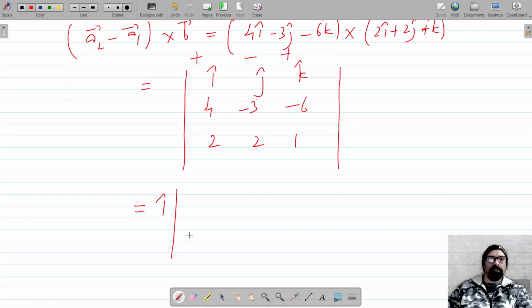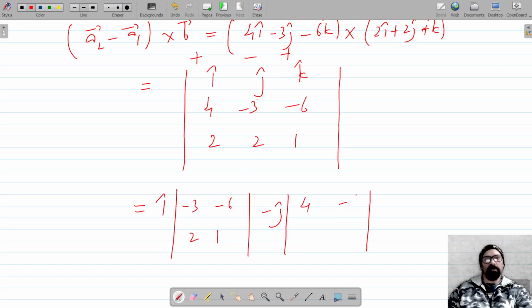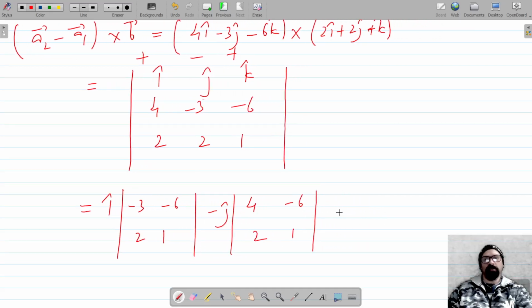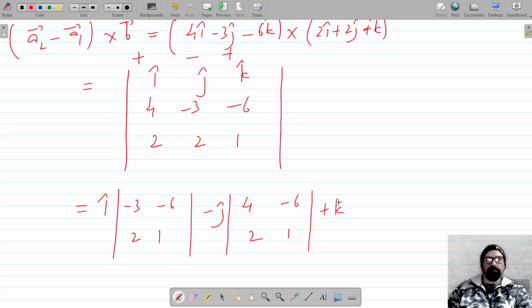So this is i cap, minus 6, 2, and 1. This is minus j cap, and this is 4, -6, 2, and 1. And this is plus k cap, and this is 4, -3, 2, and 2.